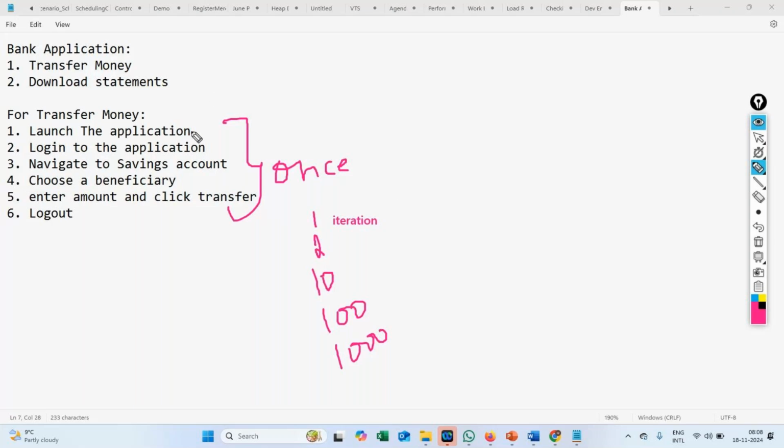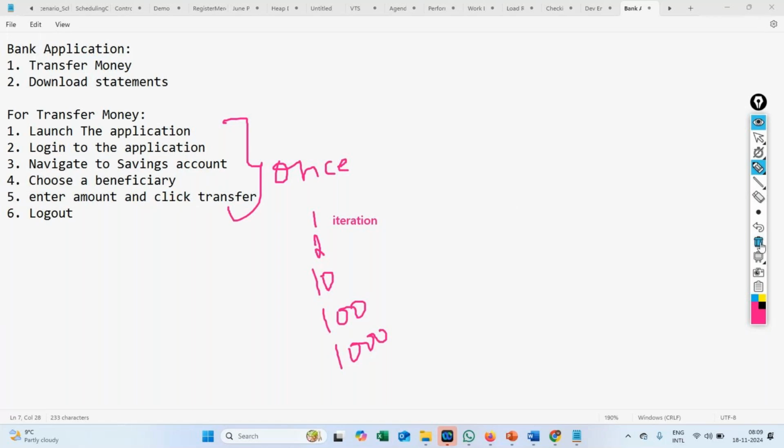Each action that we perform can be a transaction, and if you execute all the transactions in the scenario once, that is one iteration. Execute 10 times, 10 iterations; execute 100 times, 100 iterations.